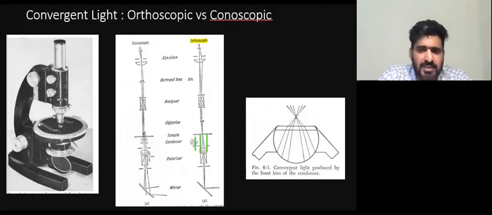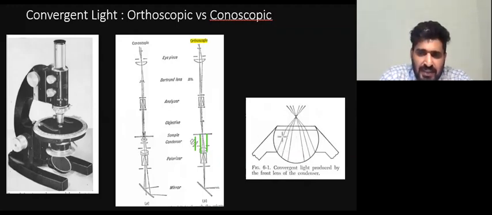In the second arrangement, we can see that you have inserted a condenser, which was kept out in the earlier arrangement. It is being kept in the light path just below the stage, which will converge the incident light, and the mineral section kept on the stage is going to be at an angle to the incident light, or we can see that a cone of light is going to be hitting the mineral section.